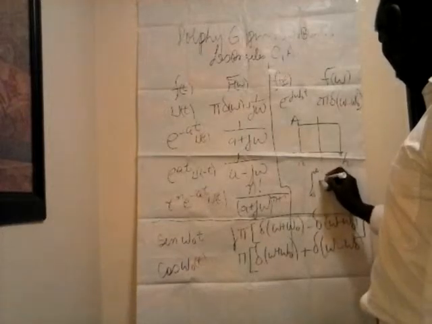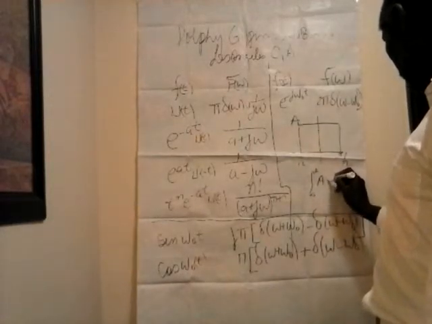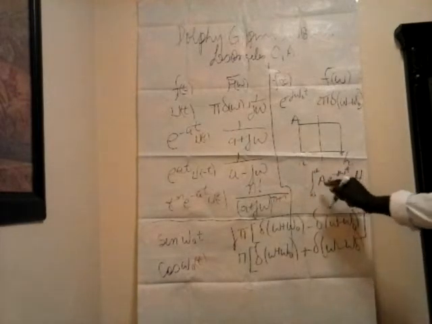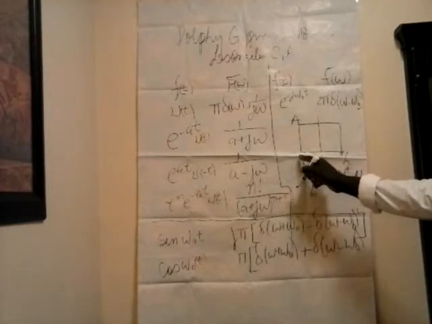We find out the Fourier transform of that. For example, we get now that that's equal to integrating A e to the minus j omega t dt, because that is a constant A there, between minus tau by 2 and tau by 2.